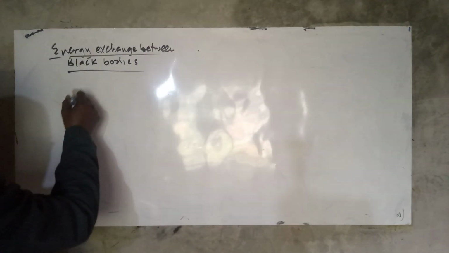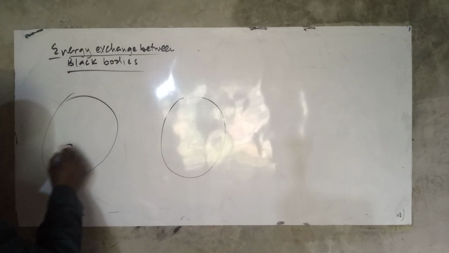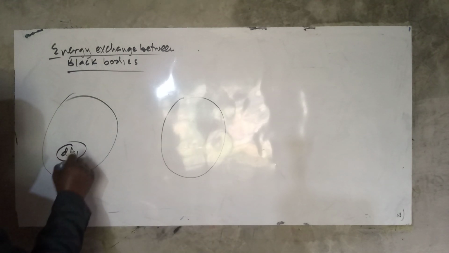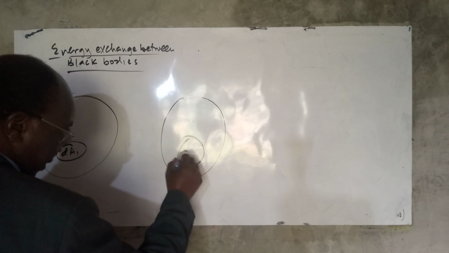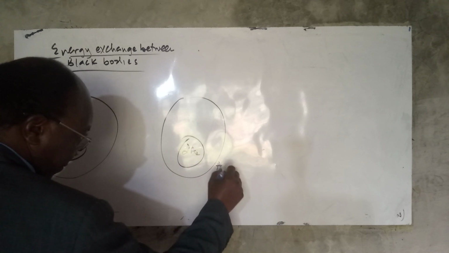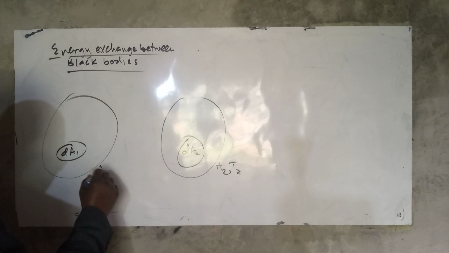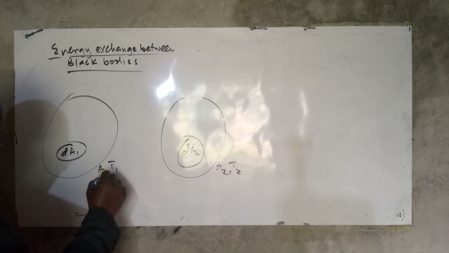Let us say we have two black bodies, and the elemental areas are dA1 and dA2. So this is A2 at temperature T2, and this is A1 at temperature T1.